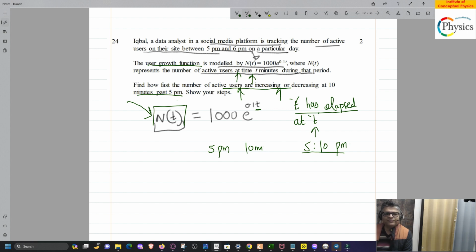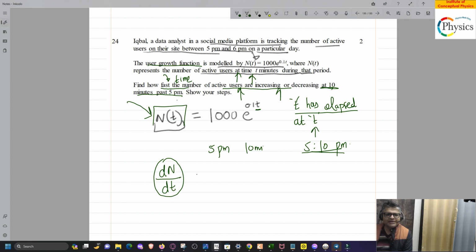Generally, whenever the word fast is used, it means the rate of change with respect to time. So what they're asking is dN by dt. This represents the rate of change of active users, and this again will come out to be an instantaneous value, and you have to find it at some instant, which is 5:10 p.m.